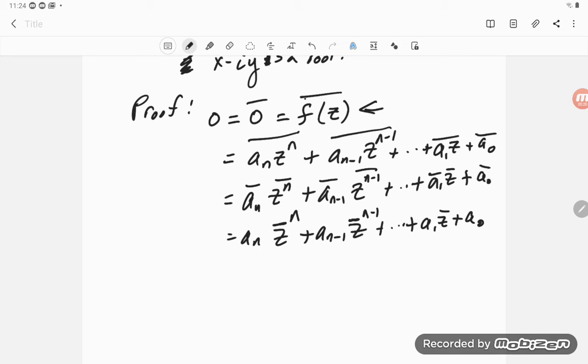But you see, that's just f of z conjugate, and so we get 0. So that's a nifty proof. It's just using all those properties of conjugates.